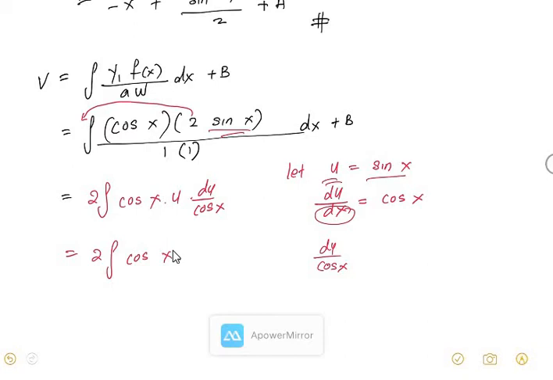So du over cos x. This will be equivalent to 2 cos x. Oh no, cos x we can cancel out.